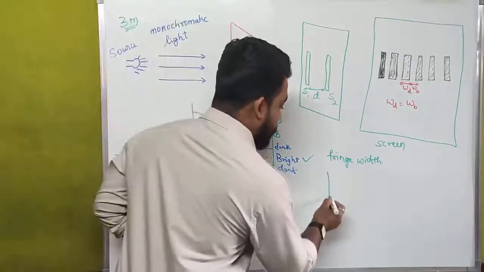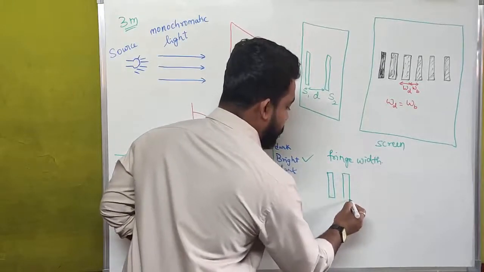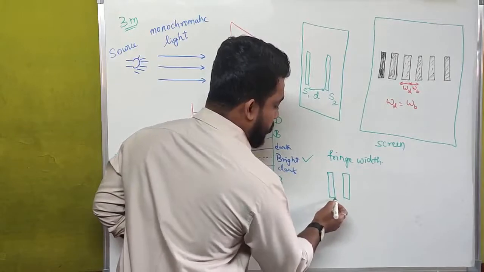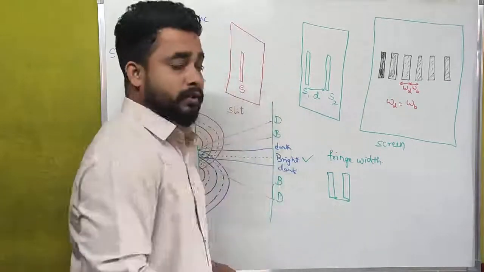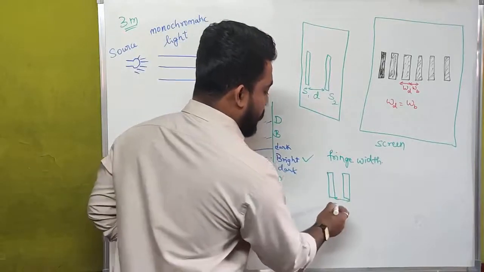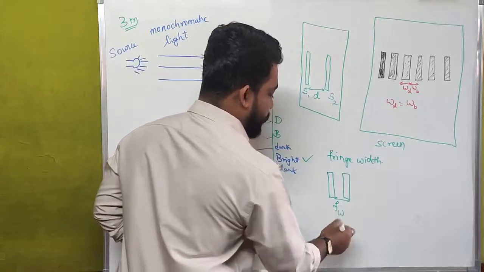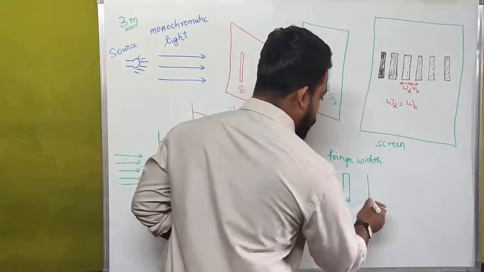For example, here we have a dark fringe and here a bright fringe.